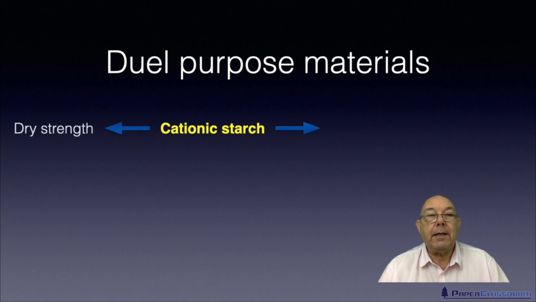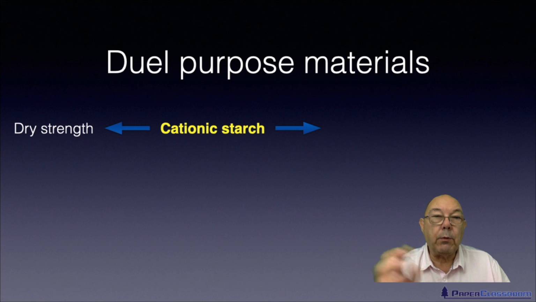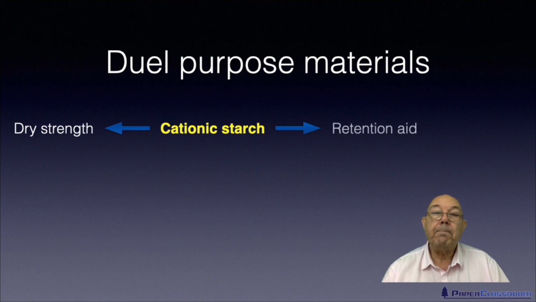We put cationic starch in the sheet to give the sheet dry strength. In other words, it improves the tensile of the paper, but only when the paper's dry. Now, because the starch is cationic, it's got a big positive charge. We have that big positive charge so that it will stick to the fibre. It doesn't just stick to the fibre, it attracts other fibres towards it. Therefore, it also acts as a retention aid.